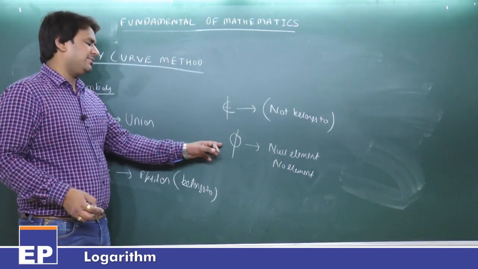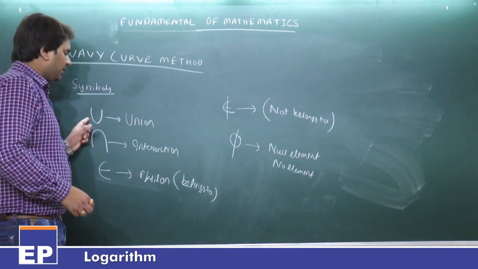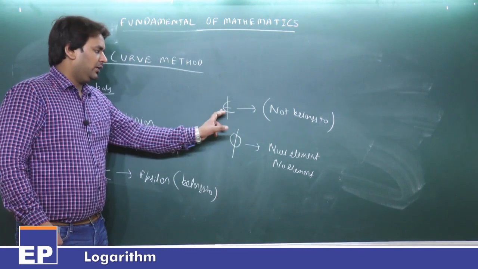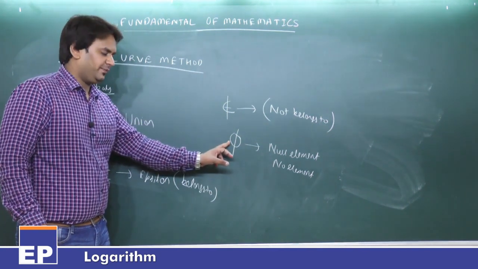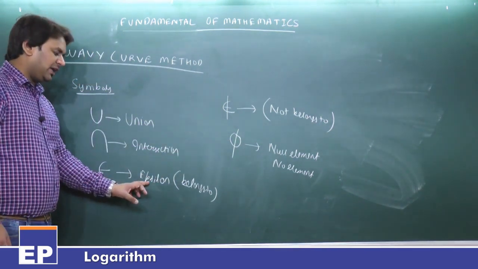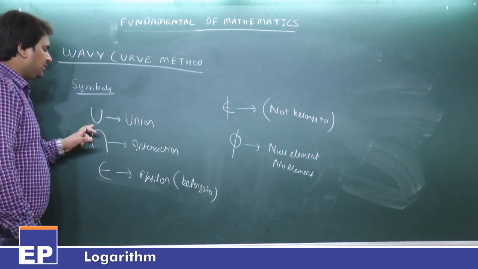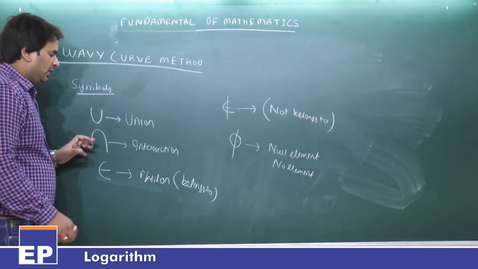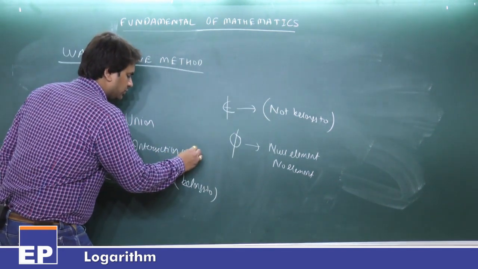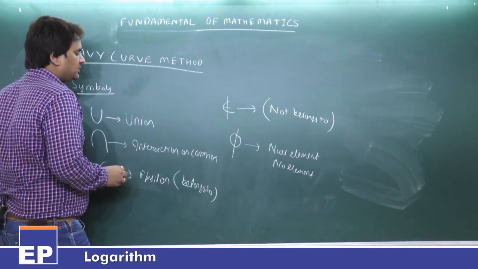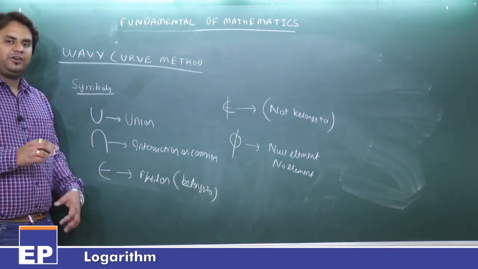How do we call these symbols? This is phi. This is union. This is intersection. This is epsilon, belongs to. This is not belongs to. This is phi. Now, what is the meaning of U? U means union, combination of all, complete values that we have to take.